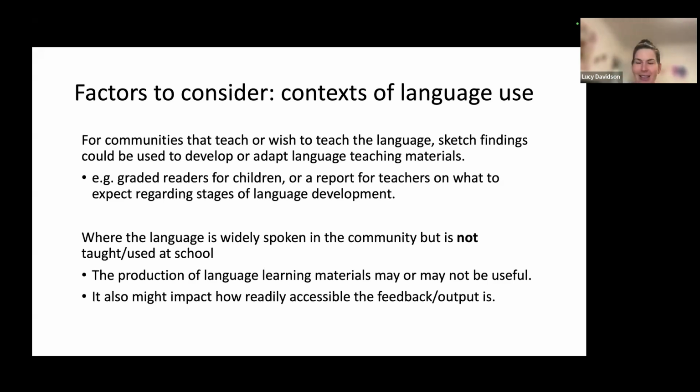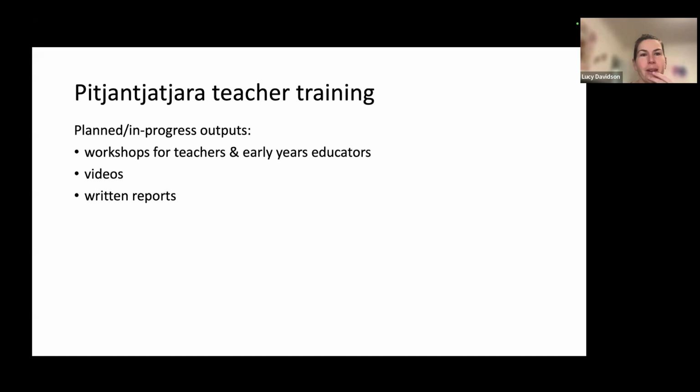So who knows? It depends on your community. And it also might impact how readily accessible the feedback or output is if the language is not taught or used at school. It might not impact how accessible it is, but it's good to be mindful of that or to consider it.